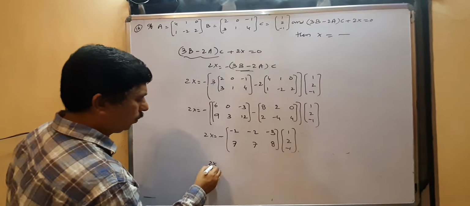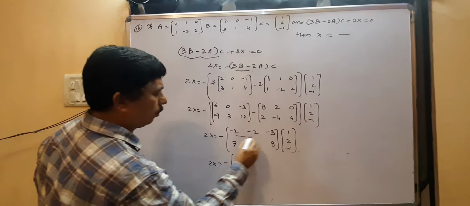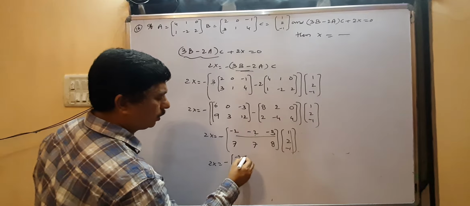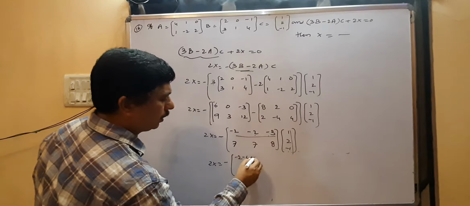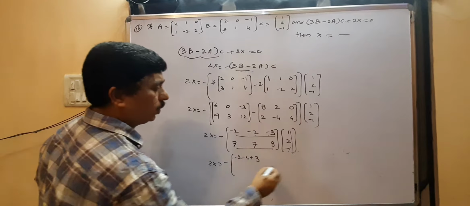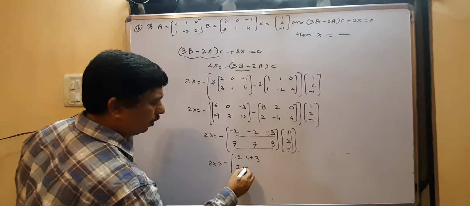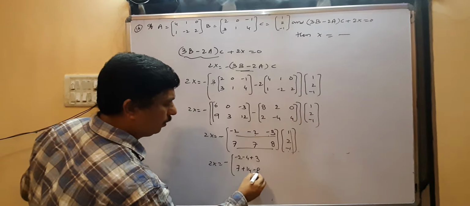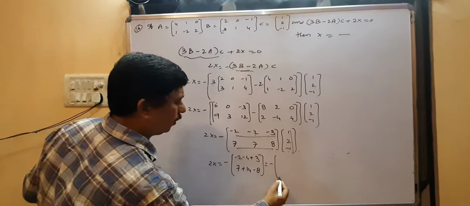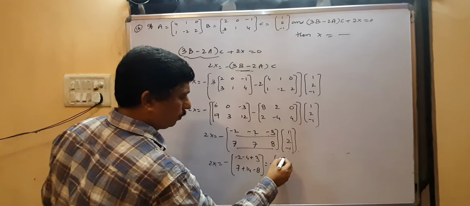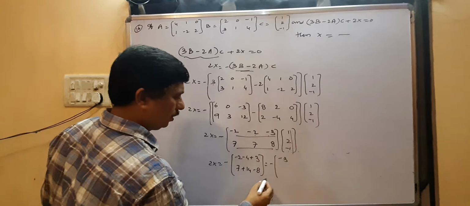So 2X equals minus of row into column multiplied: minus 2 into 1 minus 2, minus 2 into 2 minus 4, minus 3 into plus 1 plus 3. First row and second row in first column: 7, 7 2s are 14, minus 8, and that is minus of minus 7 plus 3, which is minus 6 plus 3 is minus 3.